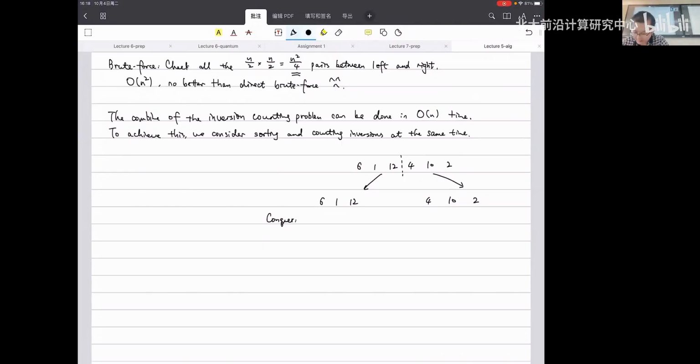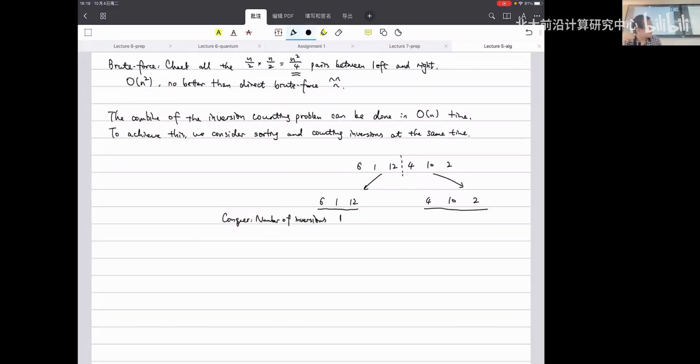we basically know the number of inversions. For this 6, 1, 12, you can clearly see that the number of inversions is 1, because the only inversion pair is 6 and 1. 6 is smaller than 12, and 1 is smaller than 12.